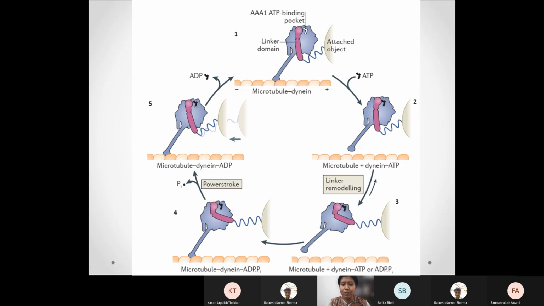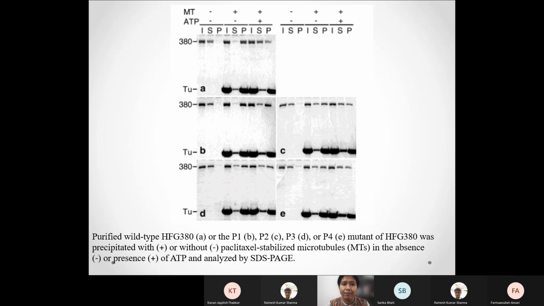So there is a detachment, and that is evident here. You add ATP, the dynein detaches from the microtubule until there is a hydrolysis, and that creates a condition where it again seeks out the next binding site of microtubule and binds to it.